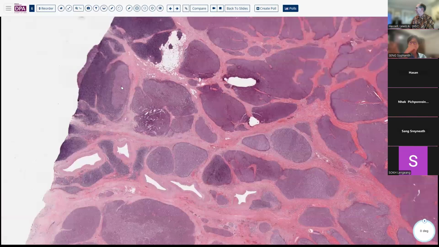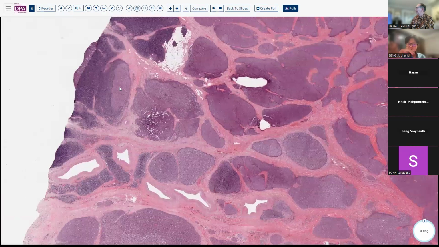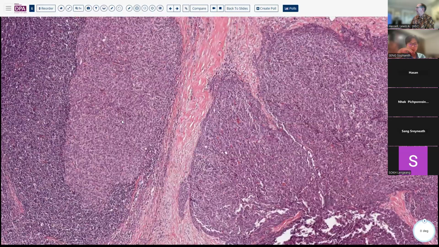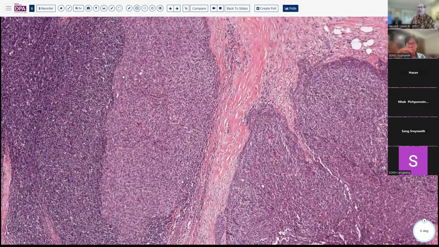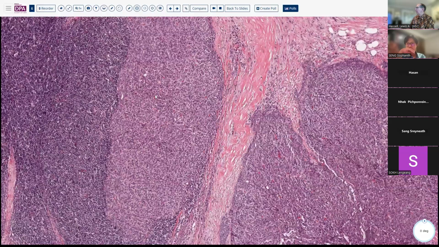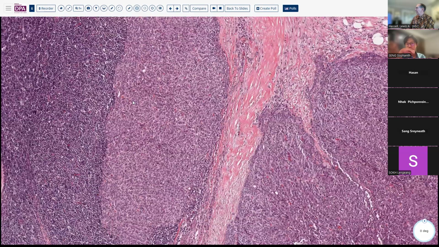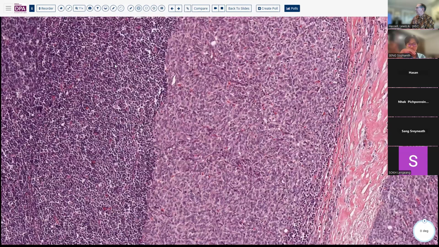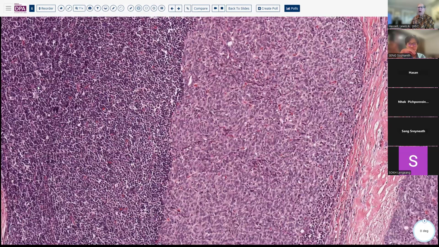Oh, there it is. Okay. Right here. So this would be a nice example, if you had an abundance of this, of type AB, where you have the purely epithelioid component juxtaposed with a more lymphocyte-predominant area that would also have thymic epithelium.